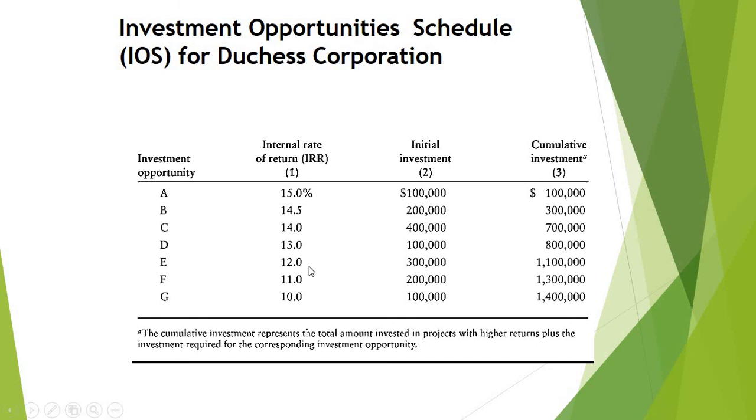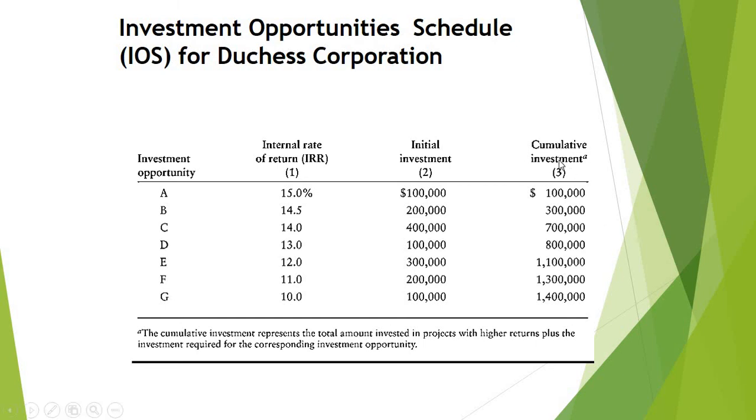Beyond this, the firm cannot accept the investment opportunities F or G, because the firm's internal rate of return for these two investments is less than the firm's weighted average cost of capital.